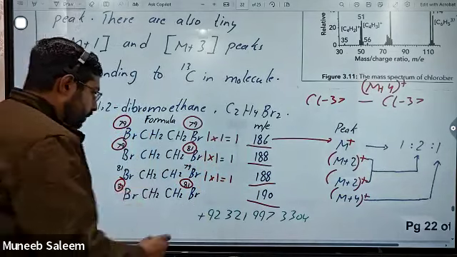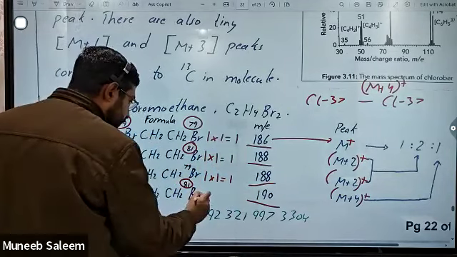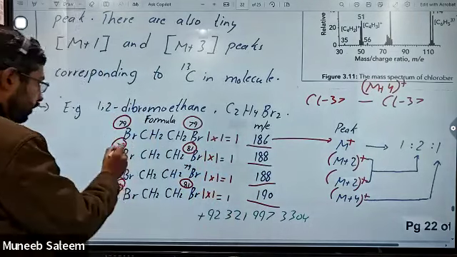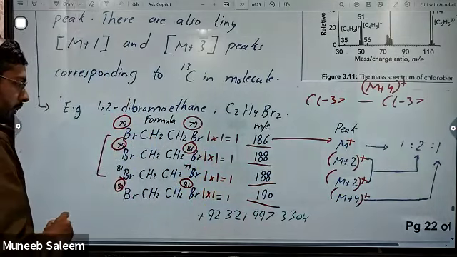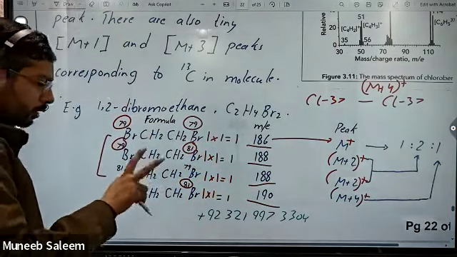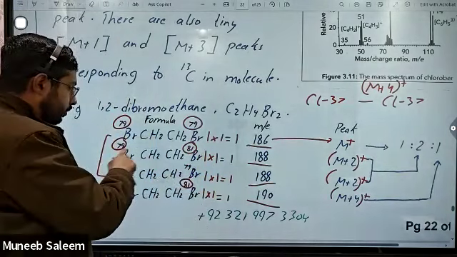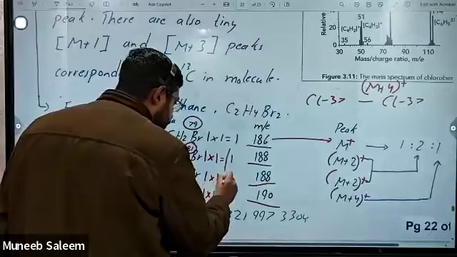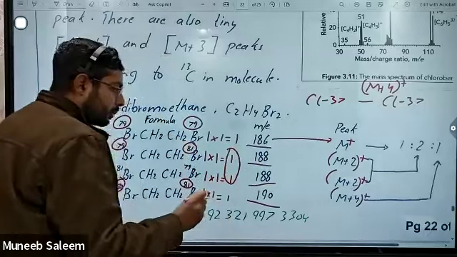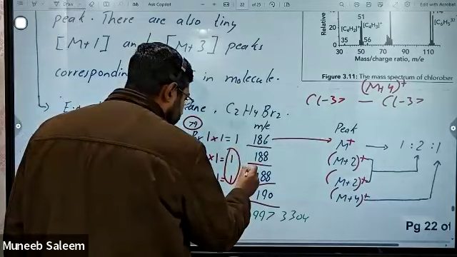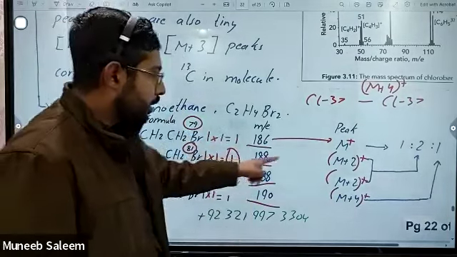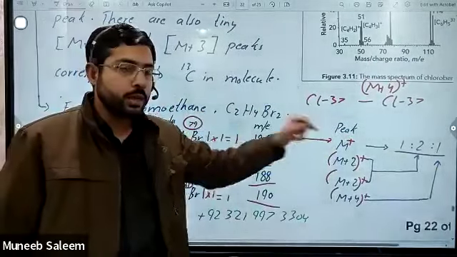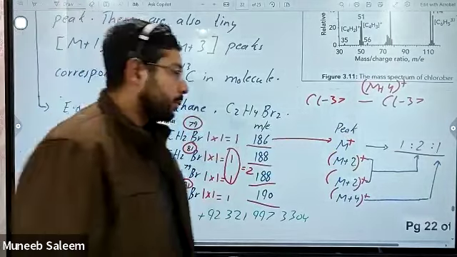And 81 into 81 gives me 1 into 1, again 1. But these two are a combination showing two different isotopes, 79 and 81, which means we need to add these two values, just like we did in chlorine. So this will give me 2. That's how we get a ratio of 1:2:1.